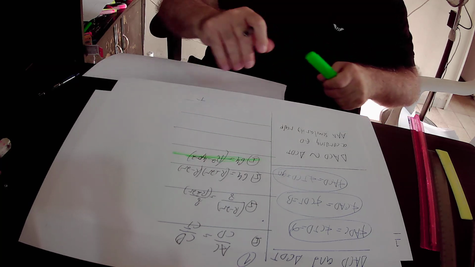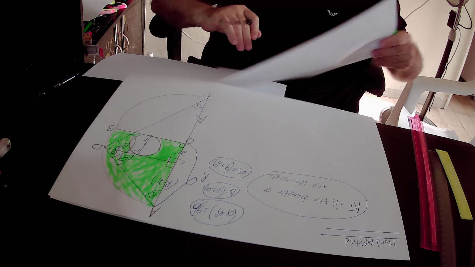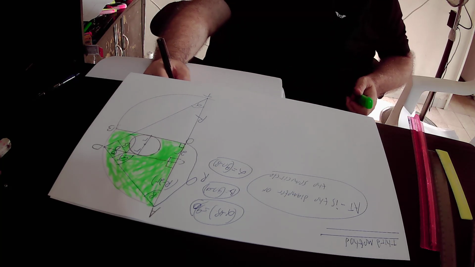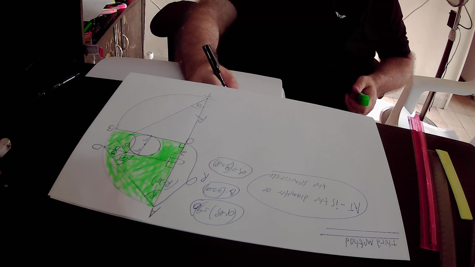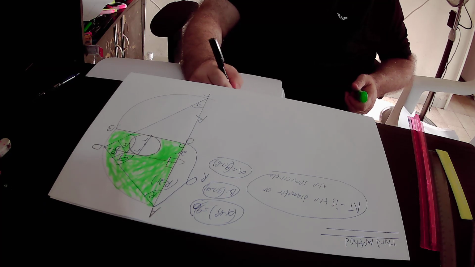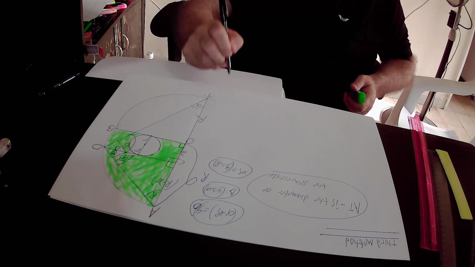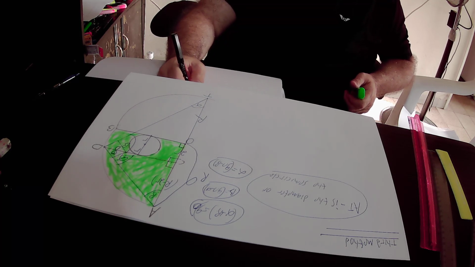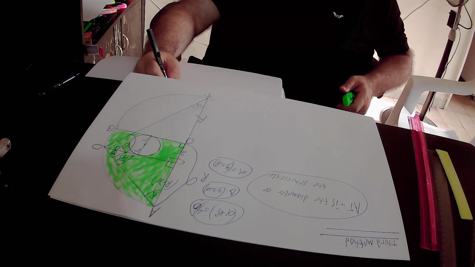What is the area of the green shape? The area of the green shape is equal to the area of the quarter circle minus the area of the small circle.